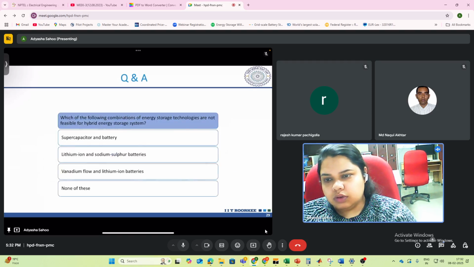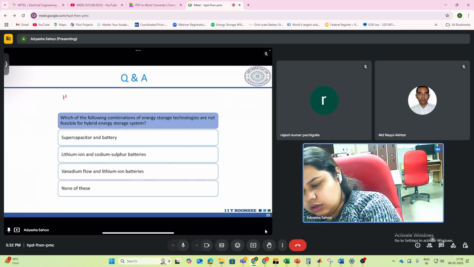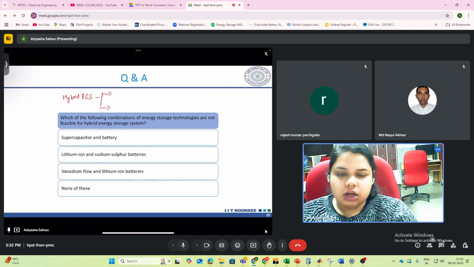Next: which of the following combinations of energy storage technologies is not feasible for a hybrid energy storage system? Hybrid energy storage we did not discuss. In a hybrid energy storage system, a single storage cannot have both high power and high energy density features.